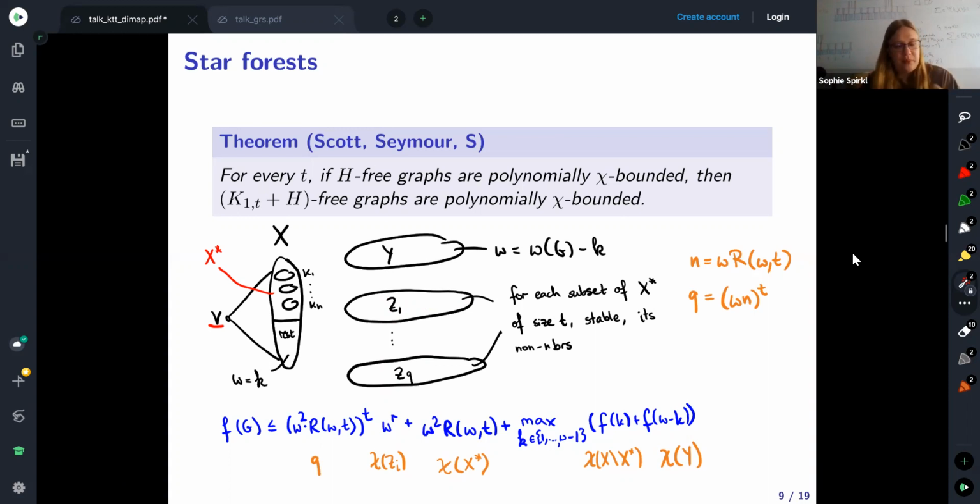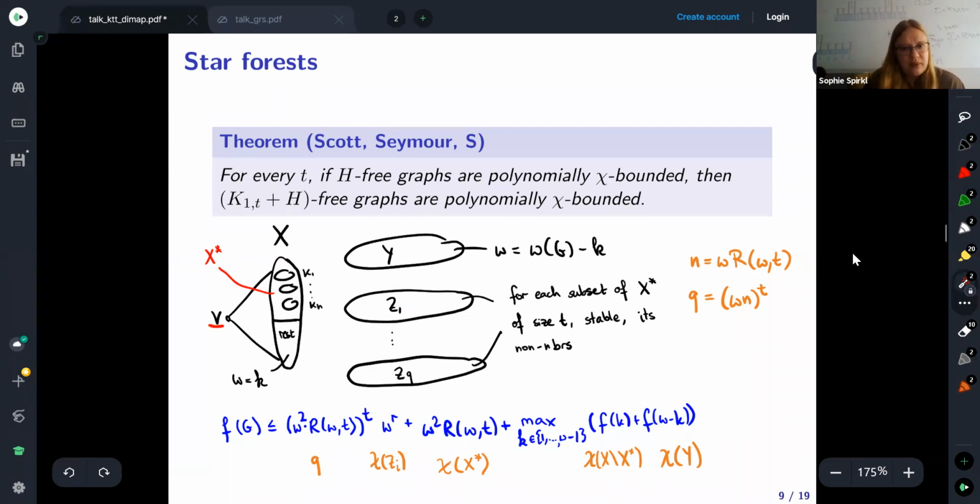And now each group itself has among its common non-neighbors a K_{1,t}, and so it's H-free. So we get a bound on the chromatic number that I've written down here: this is what Q is, the number of sets that go here, and each of them has chromatic number at most omega to the r, because that's what's true for H-free graphs. And this is what we get for X star, because that's just the number of vertices that live there.